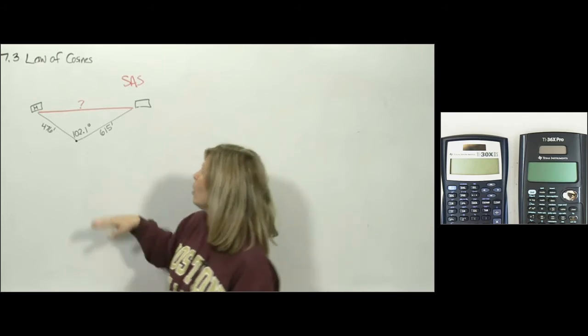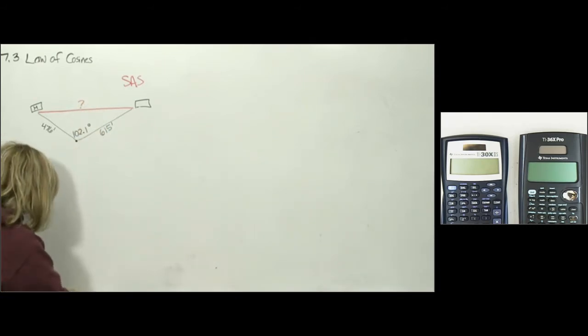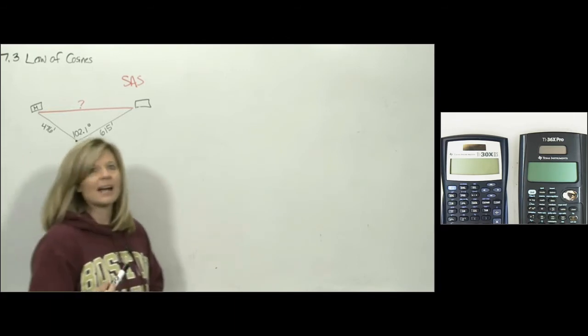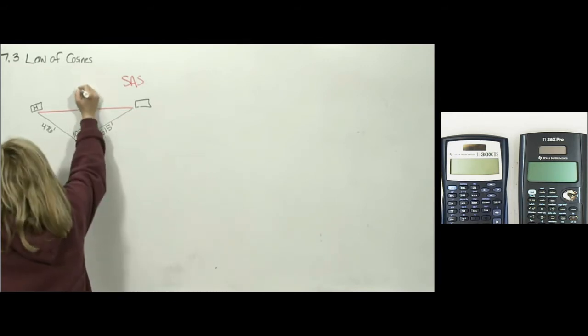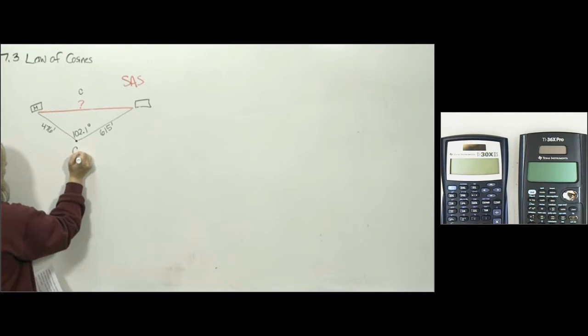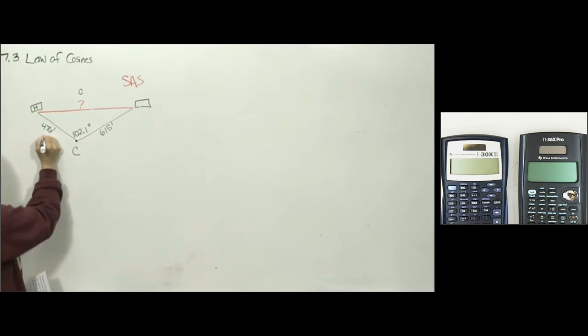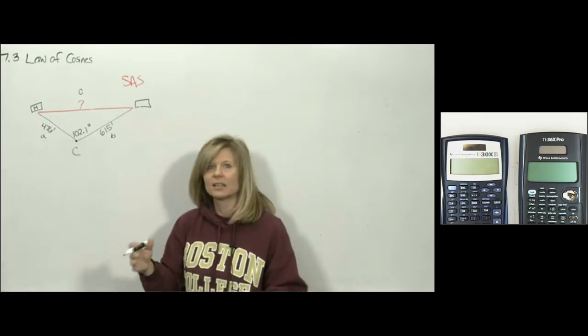Now, if we want to find this missing side, let's put some letters. Okay, I don't care if you call that side A, side B, side C. Just for giggles, I'm going to call it C. That's side C. This is angle C. That means one of these sides is A and one of these sides is B. Okay? I just like to label everything.